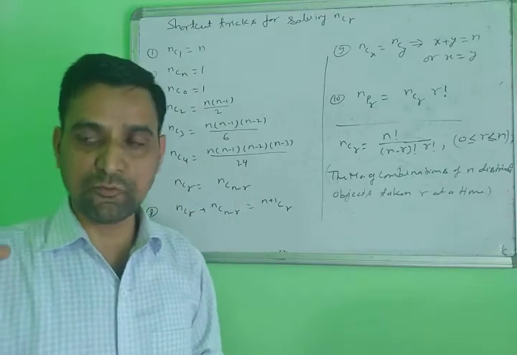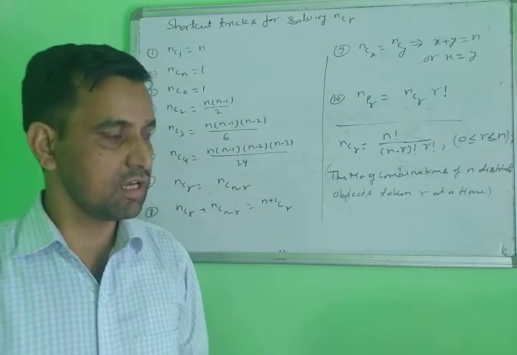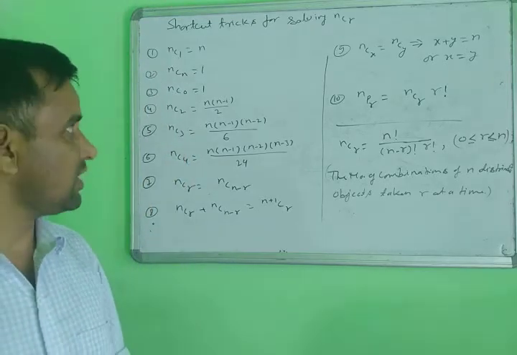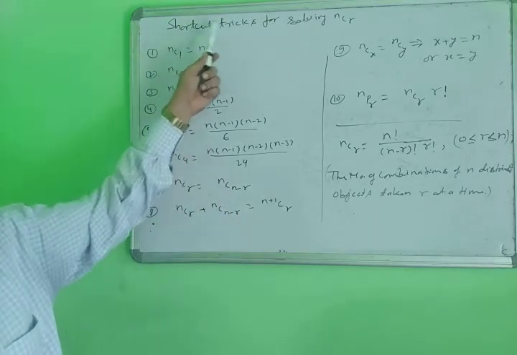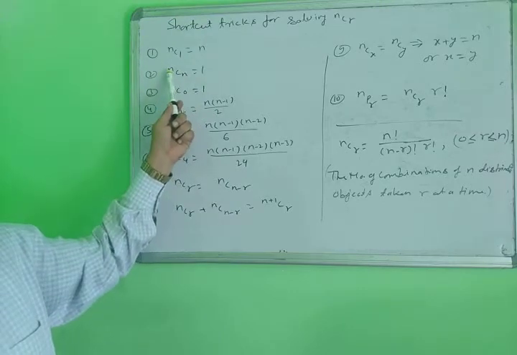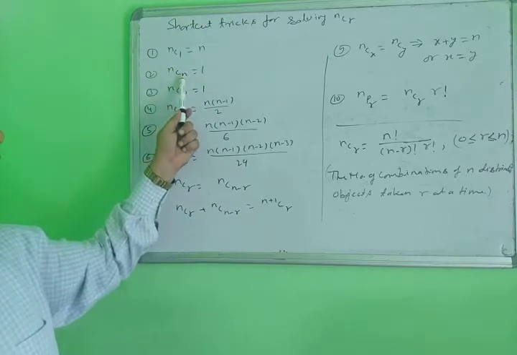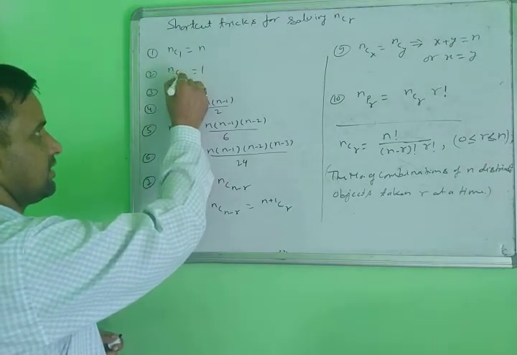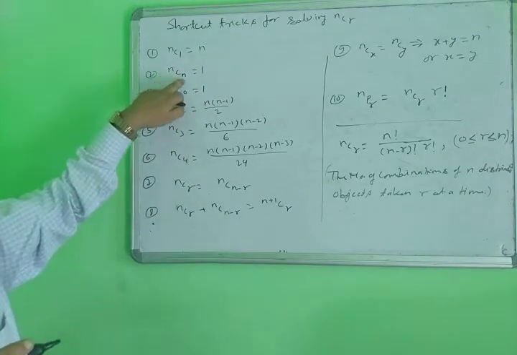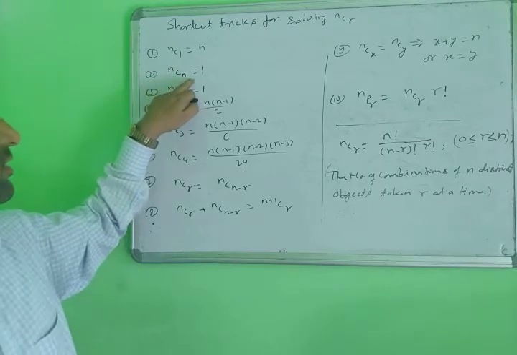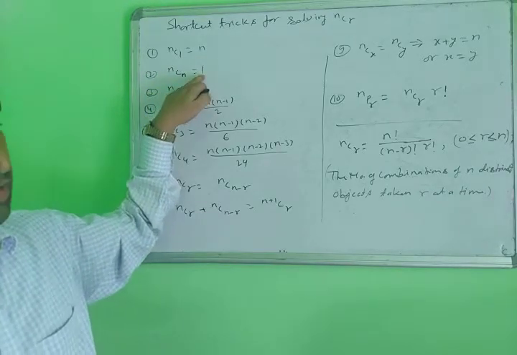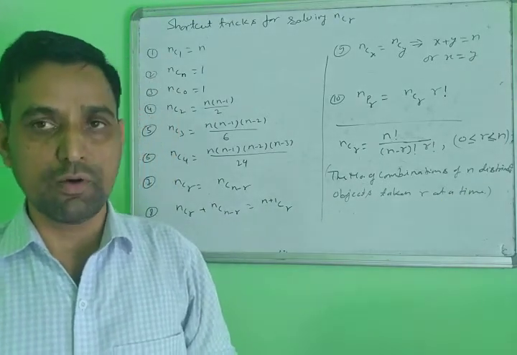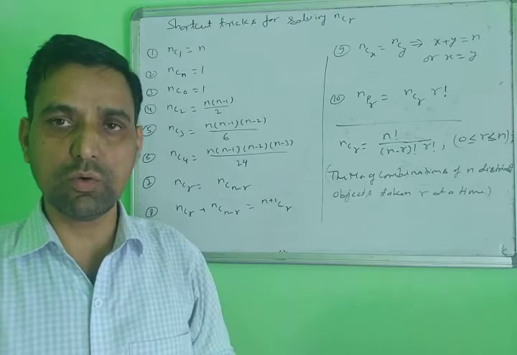Suppose you have 5 letters or 5 digits and you take all 5 at a time, then nCn means n objects taken n at a time, where r is also n. Total n objects, taking all n at once, so the value is only one. Suppose you have the digits 1, 2, 3, 4, 5 and you make a 5-digit number, then you make only one number.